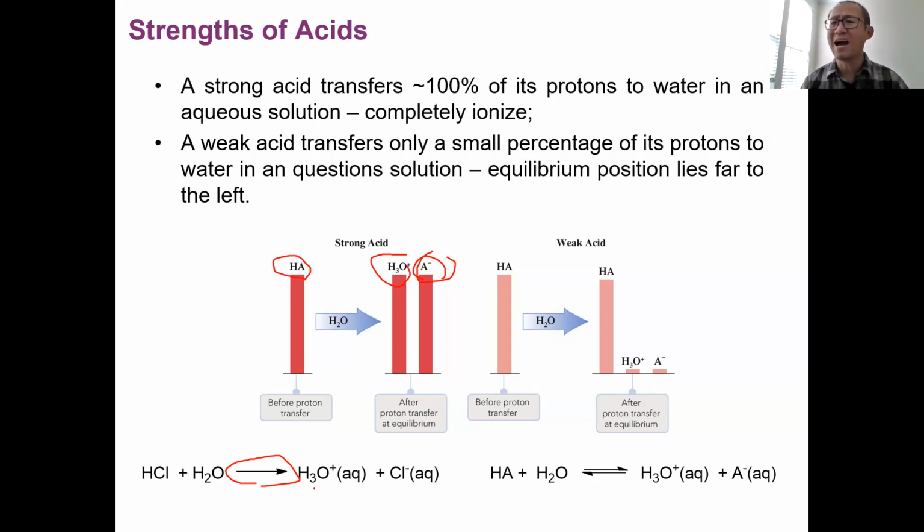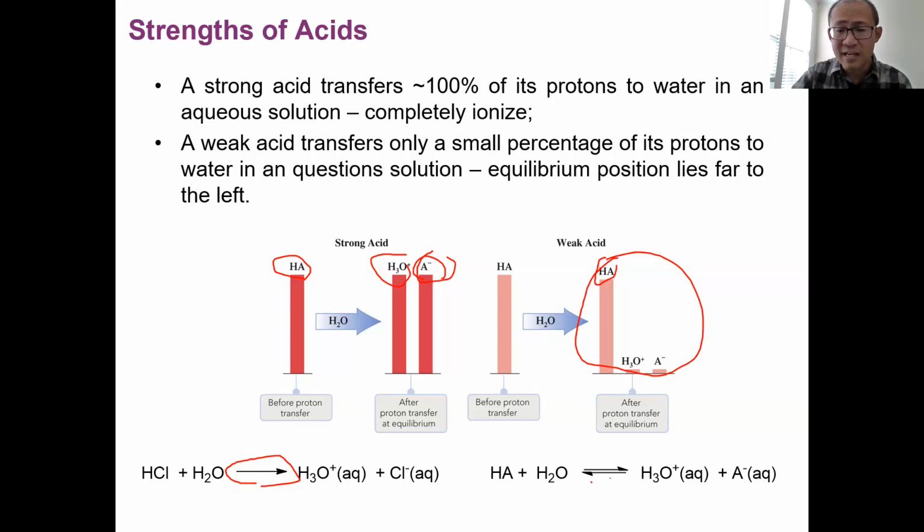Now, most acids, and the reason I say most acids I'll show you next, when they ionize, as you can see in this bar chart, most of the acid HA remains intact. Only a small percentage of the acid molecules ionize to become A minus and, of course, hydronium ion.